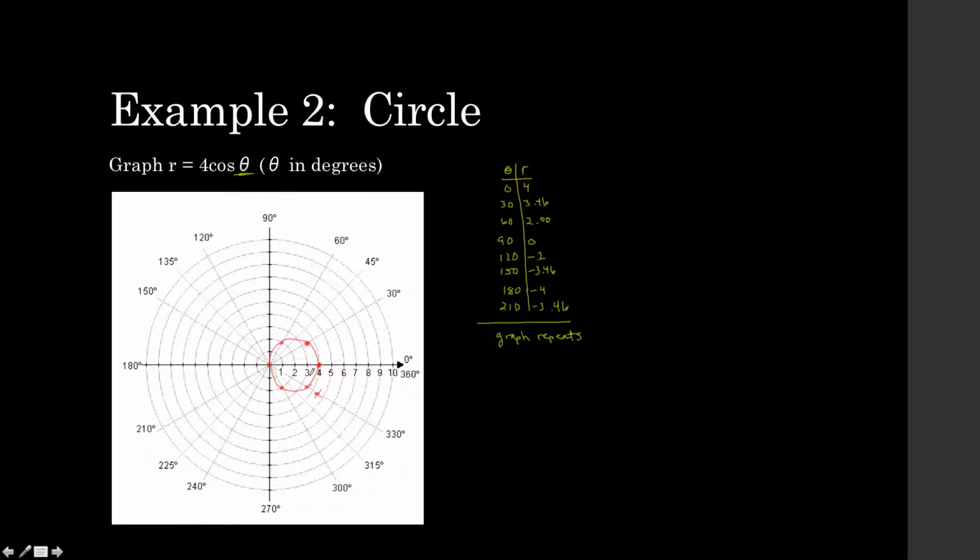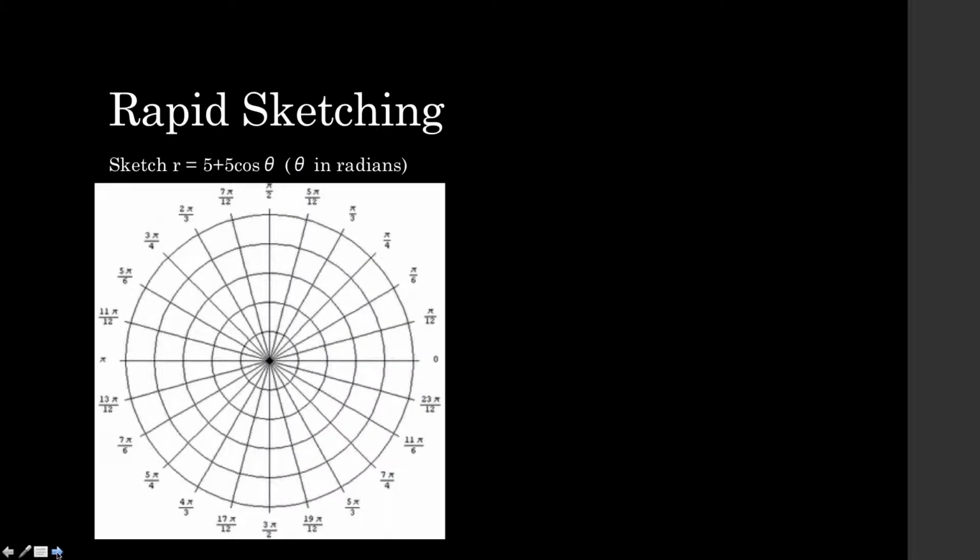Let's look at another problem. Rapid sketching. Now, you may think what we've done is rapid, and it was pretty much, but there's even ways for us to do it a little more quickly if we just look at instances where sine and cosine are 0 and 1, okay, which would be our quadrantal angles, okay?